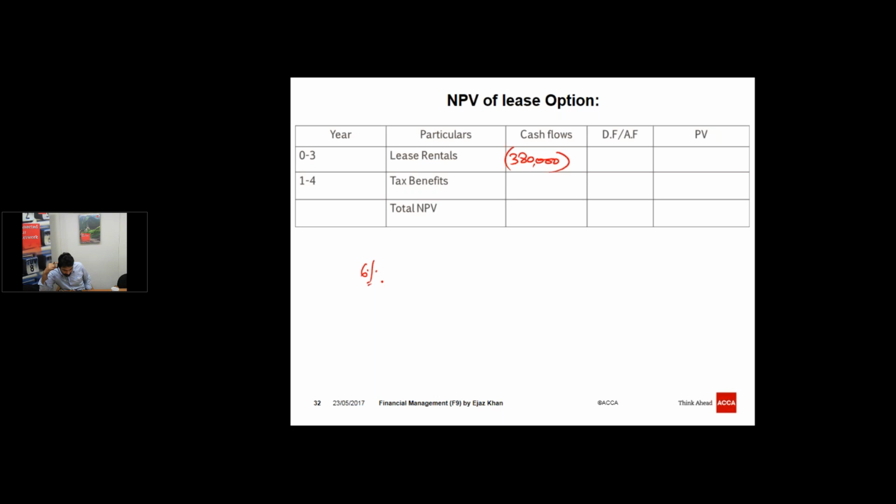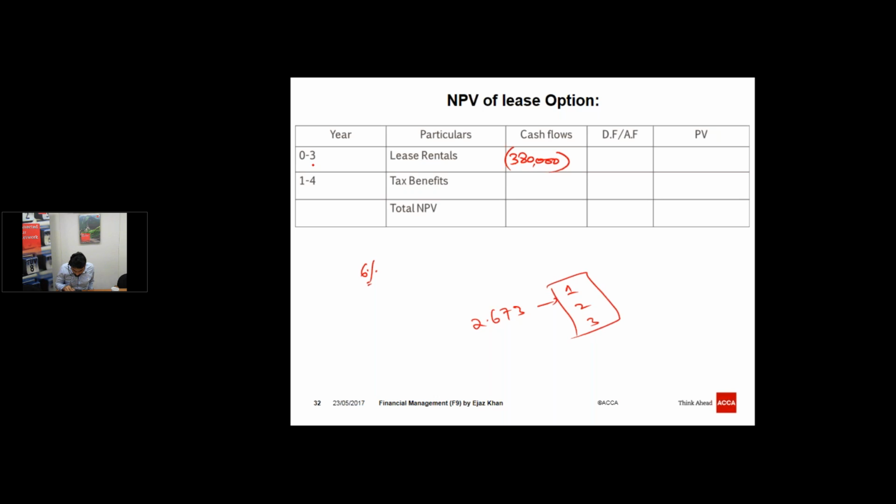Remember, we have to use the annuity factor because this is an annuity. We are going to pay 380,000 every year. Okay, it's for the year 3, right? Okay, 2.673 is for year 3. And remember, year 3 means the sum of 1, 2, and 3.